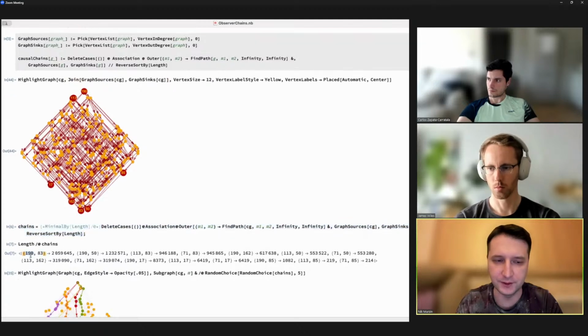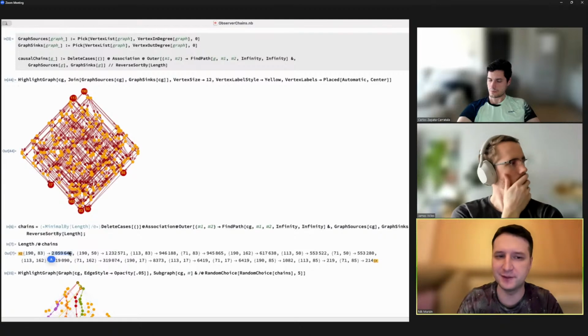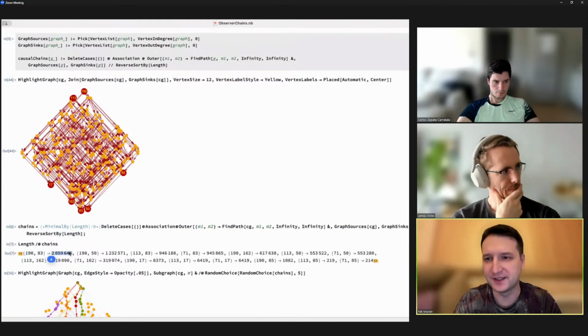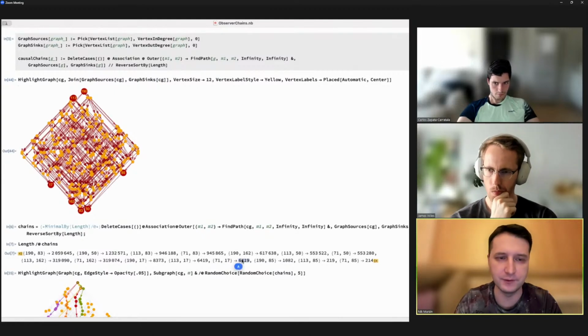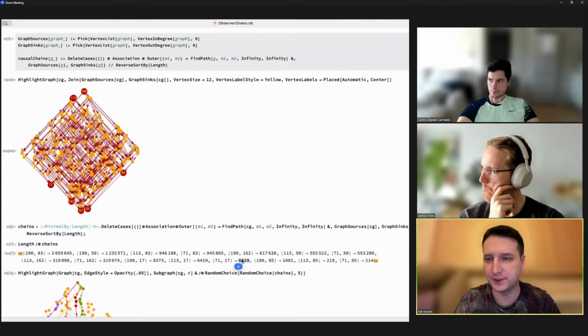So this is one of the sources, this is 190 here, this is one of the sinks over here, and there are like 2 million paths, different chains you can construct for this particular graph between this pair of vertices, right? For any other pair of vertices, there are a different number of chains or observers you can construct.